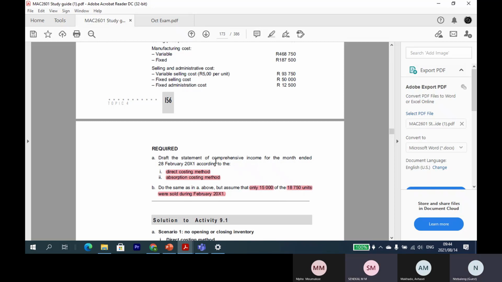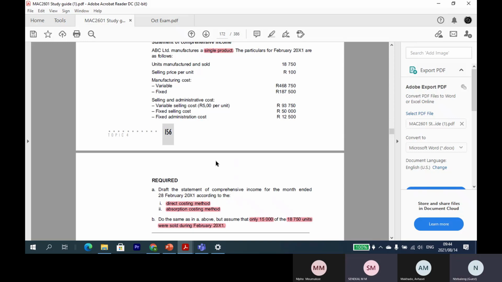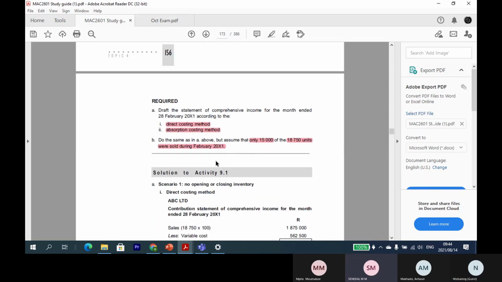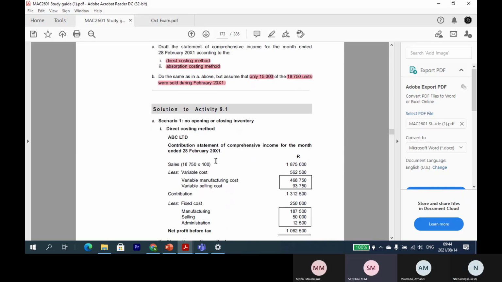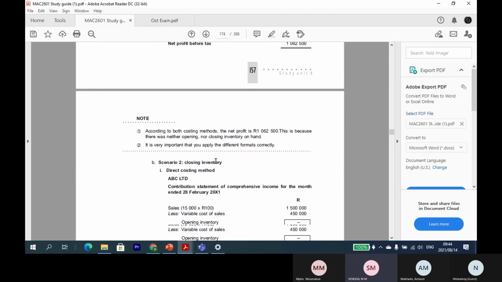Okay, so what I did was I immediately started with my sales: 15,000 units times 100 Rand selling price. I ended up with 1.5 million, less all the variable costs, which are the variable manufacturing cost and the selling cost.